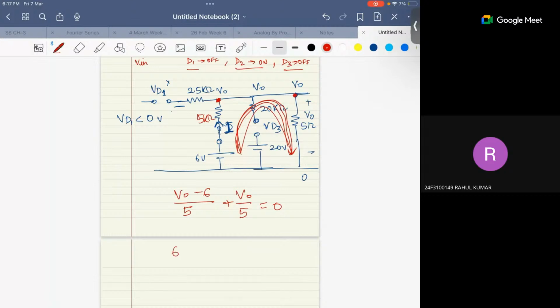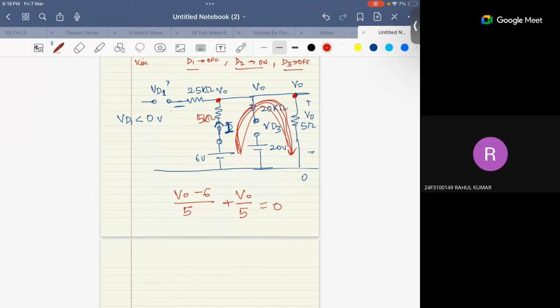If the current is in this direction, you can think of it as 6 minus V naught upon 5, right? And for this equation also, you can write it. So the value of V naught you'll get is the same only. If you equate it with V naught upon 5, you'll get the same. Here also, V naught upon 5 is going to be minus V naught minus 6 upon 5. So both equations are the same only.